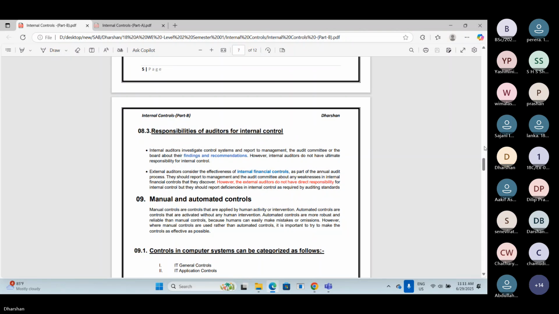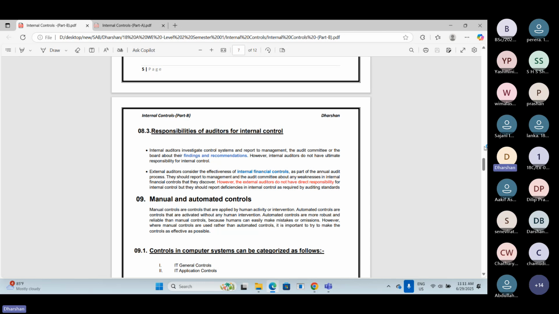While performing the audit, they will consider only the financial controls. In that audit, if they find any financial control weaknesses, which means findings, then they will provide recommendations for the findings also. With findings and recommendations, they will provide like internal auditors, but external auditors will focus only on the financial controls.